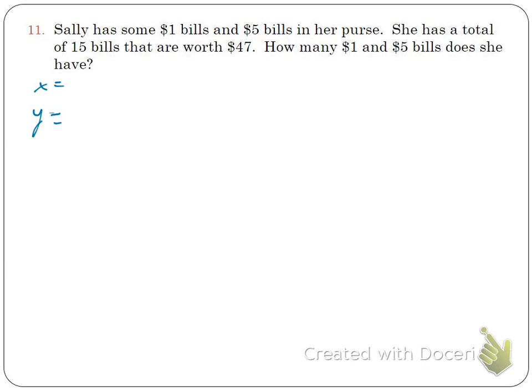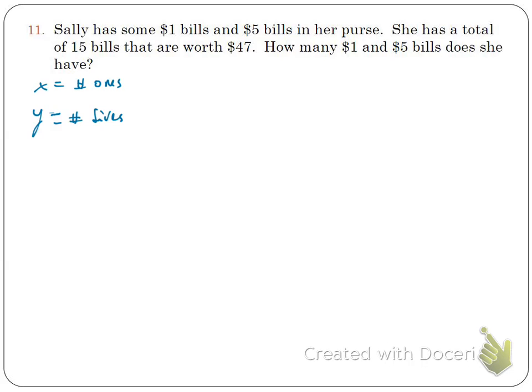She can carry as many 1s as she wants and as many 5s as she wants. So it doesn't matter how you define your variables. X can be the number of 1s and y the number of 5s. You can definitely flip-flop those if you wanted to.